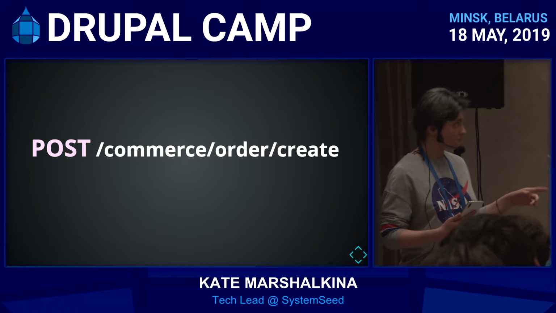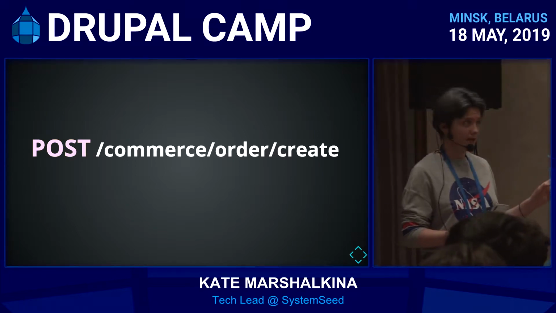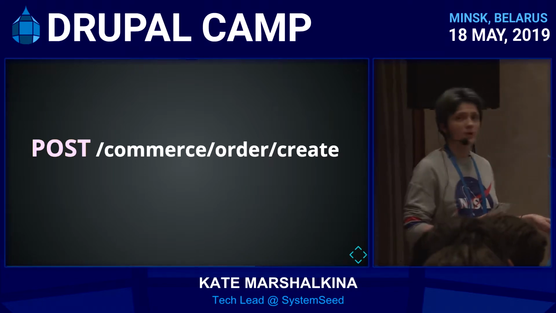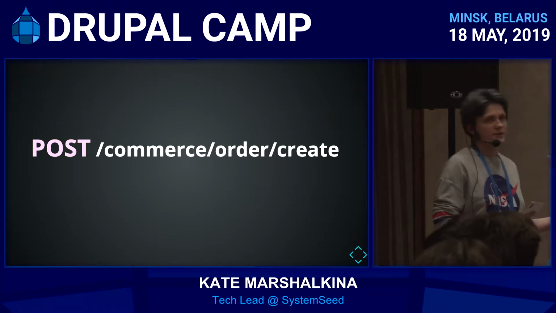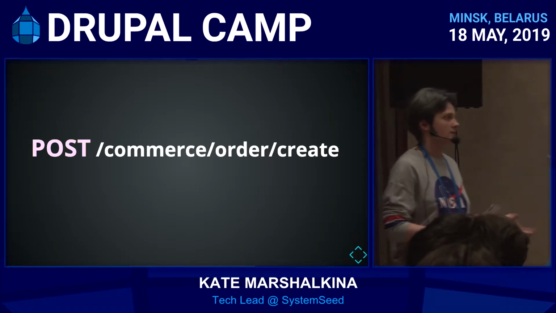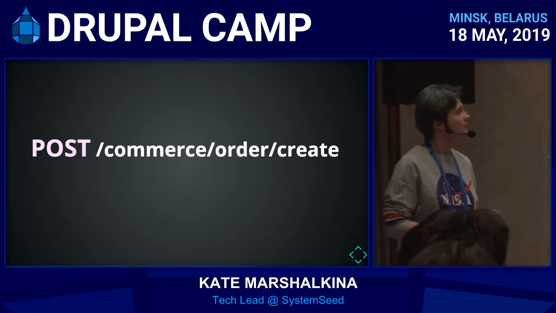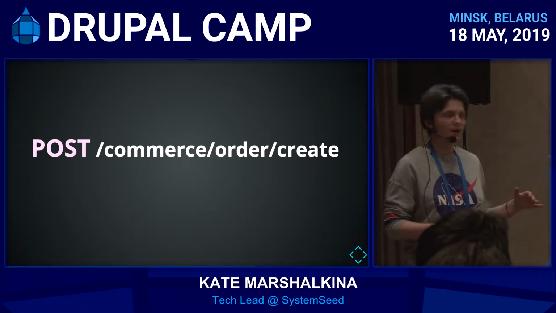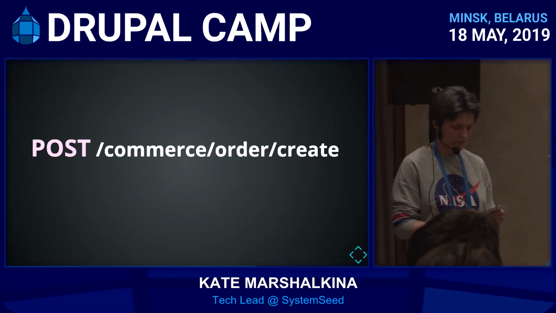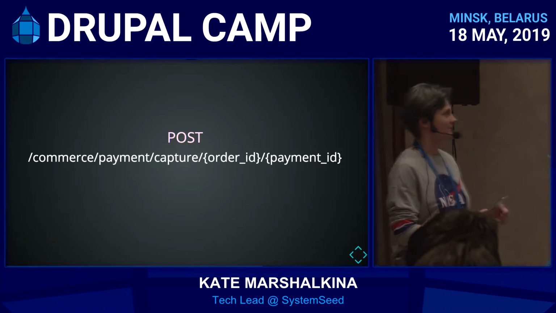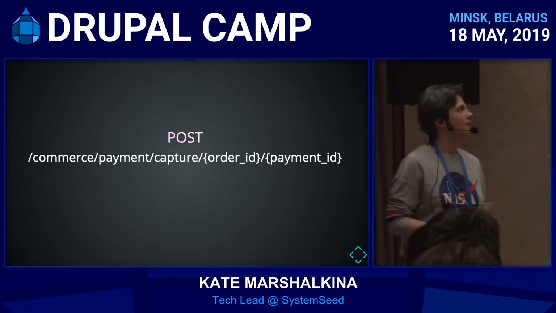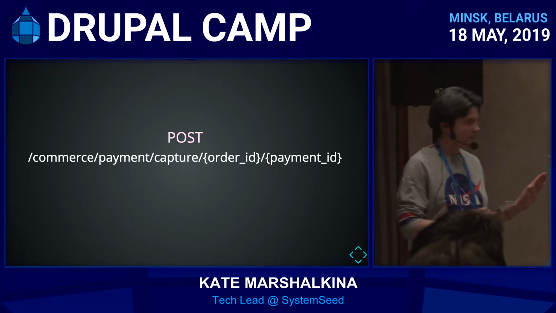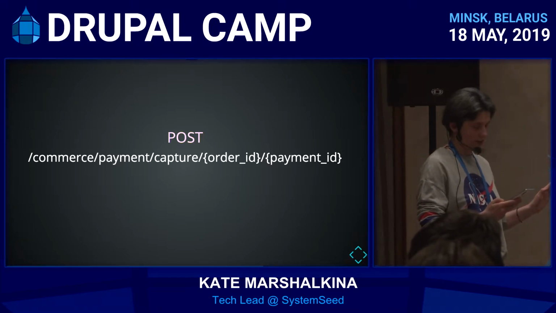Even if you provide some payment details, it will try to make a transaction for you, and it will return the status of your order, either success or failure, with an error message. If for some reason you don't want to complete payment immediately, then you can use a second API endpoint. We also have it for capturing transactions later. So this is a simple, very basic, but working solution.